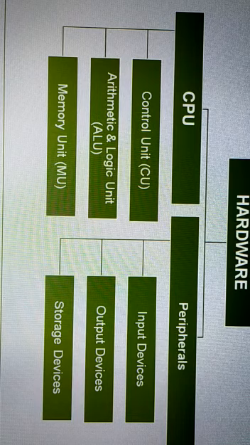But when the memory is included along with the control unit and arithmetic and logic unit, it is known as the CPU, or Central Processing Unit.